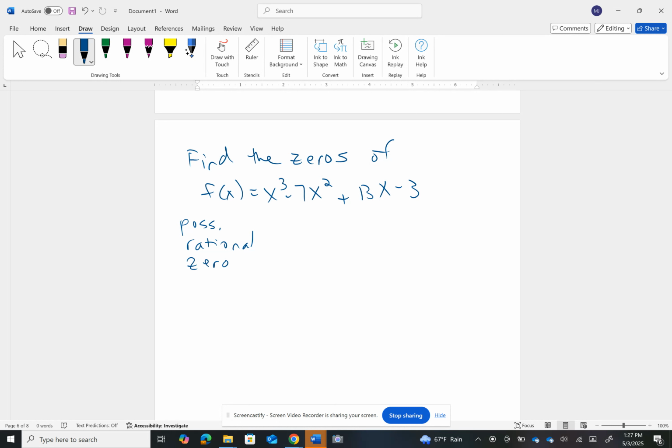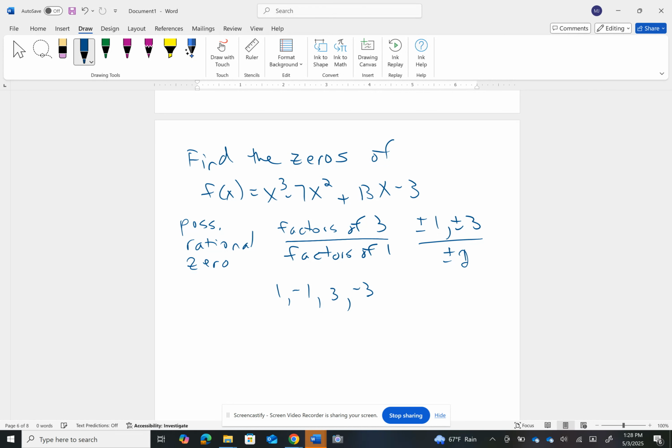So that comes from the factors of the constant term, so the factors of 3 divided by the factors of the leading coefficient, which would be the 1. So factors of 3 are just 1 or 3, positive or negative, and the factors of 1 are just positive or negative 1. All right, so here's where you make your list of possibilities. So in this case, our list of possibilities is a 1, a negative 1, a 3, or a negative 3.